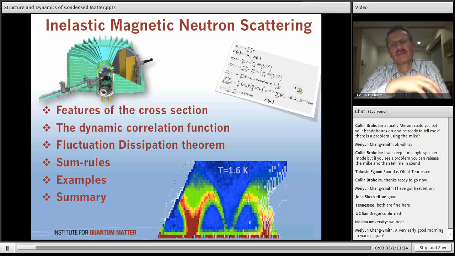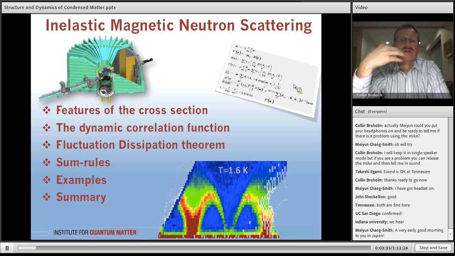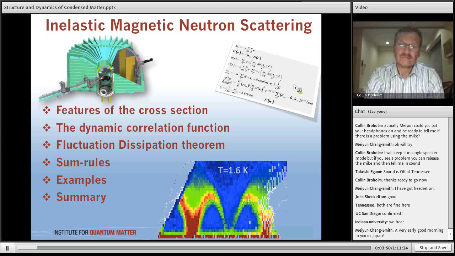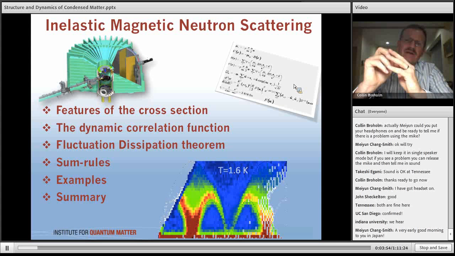And then we went through and did the multiphonon expansion, and we picked up the elastic term and the one phonon term. In the case of the magnetic inelastic scattering, in some sense it's actually easier, because in the dipole-dipole interaction, we end up seeing directly the appearance of the spin operator.